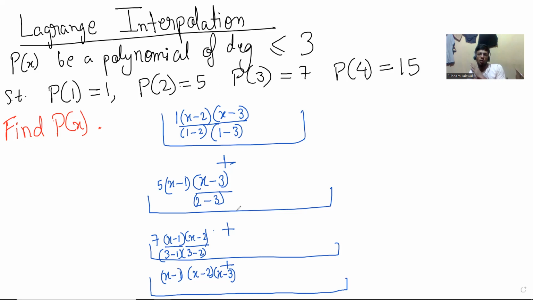But what do you do for 4? That is important. So you want P of 4 to become 15, right? So what should you do in the first compartment?